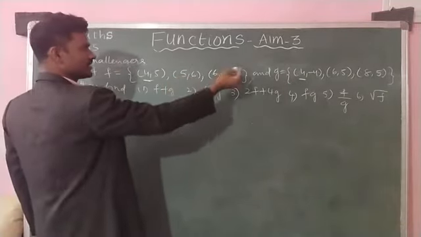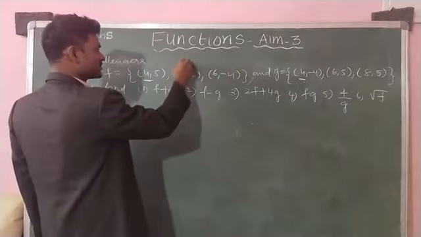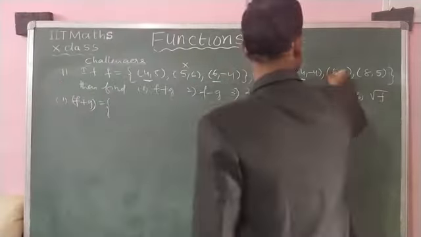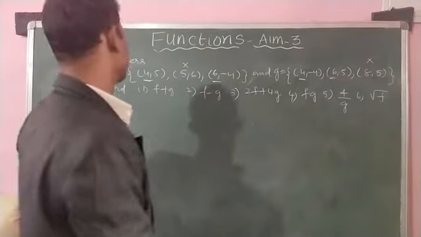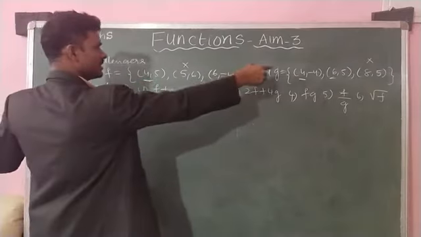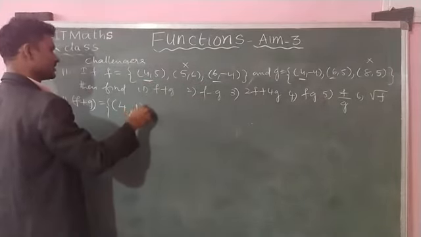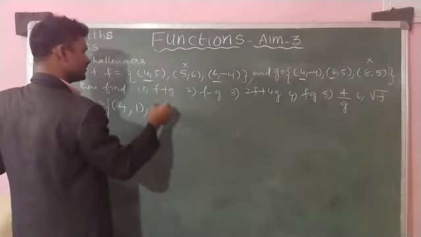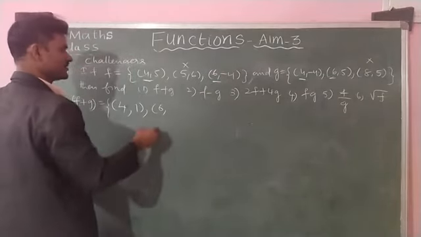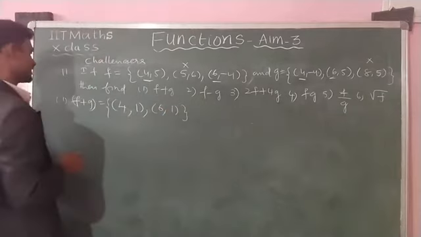Here 5 is there, but 5 is not in the domain of g, that's why you can leave it. Now you can take 6. Here also 6 is there. Then write here (4, 5 plus -4 is equal to 1). Next one (6, -4 plus 5 is equal to 1). This is f plus g.